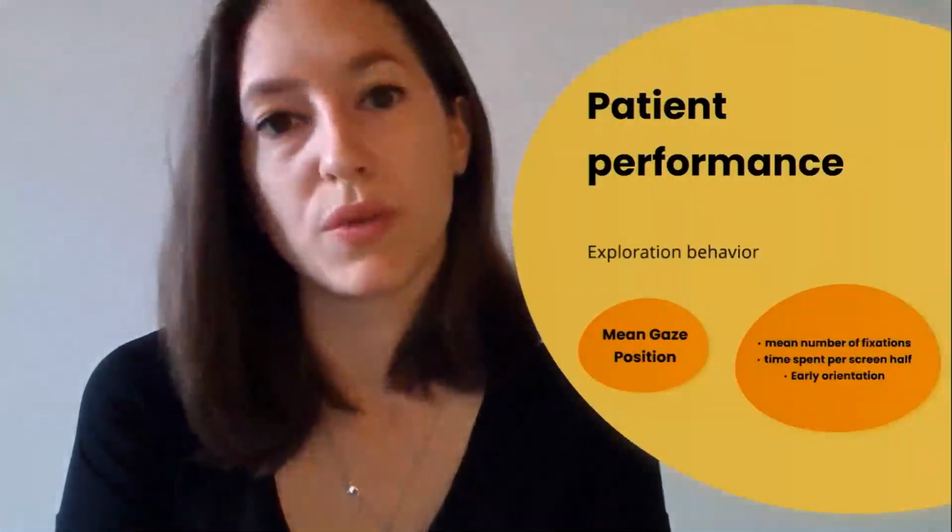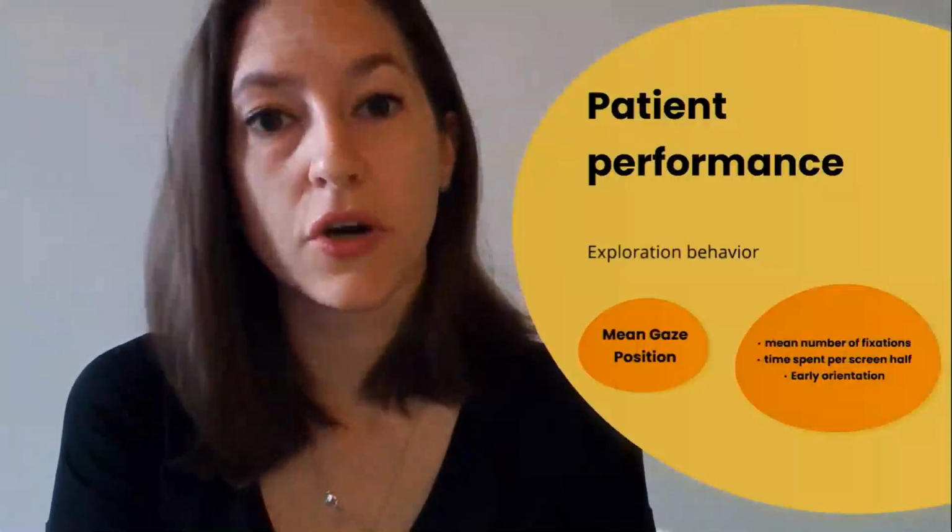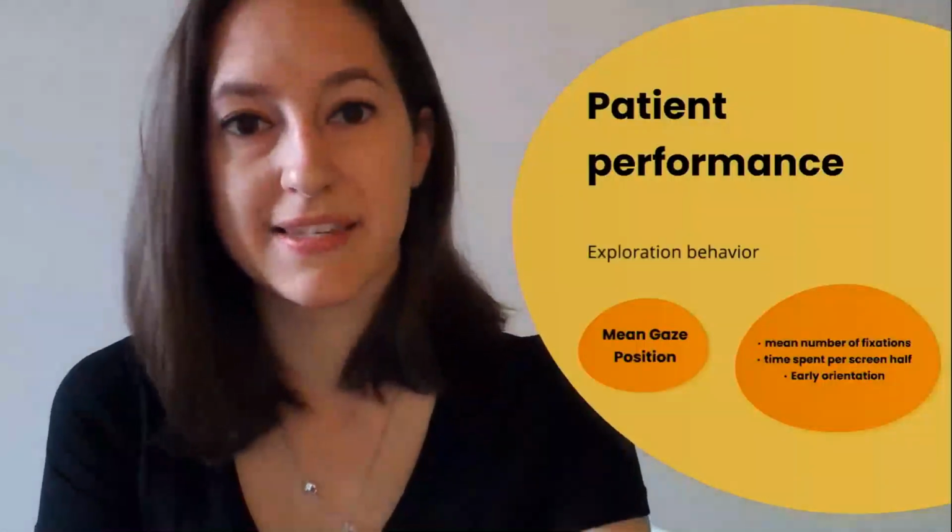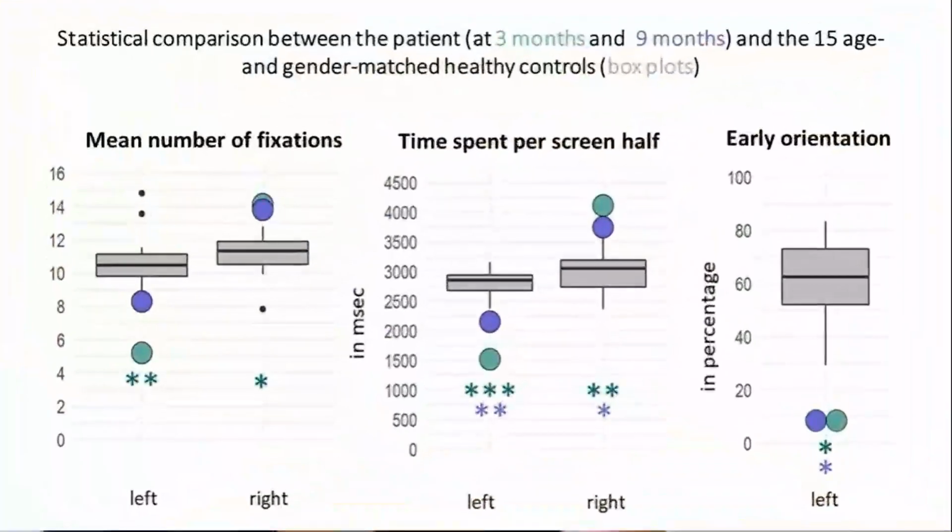It's similar to what we see from the starting point in cancellation tests. We see that at 3 months, here shown in green, the patient shows a typical neglect performance, showing a rightward shift of visual attention with fewer fixations and less time spent on the left, and more fixations and more time spent on the right.